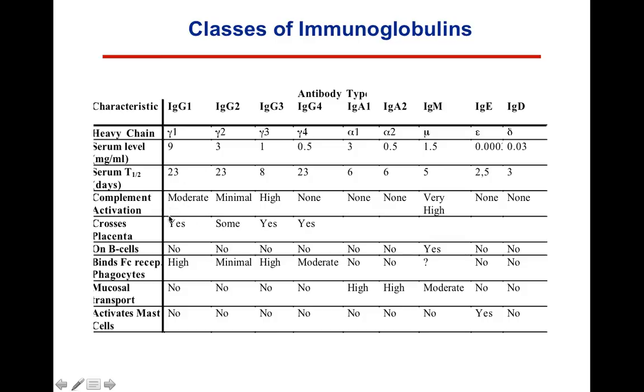This is complement activation. I'm going to introduce you to that in the next lecture. But just to show you that, IgGs are involved in complement activation, IgAs are not, and IgMs are very involved in complement activation. This is an antibacterial activation.